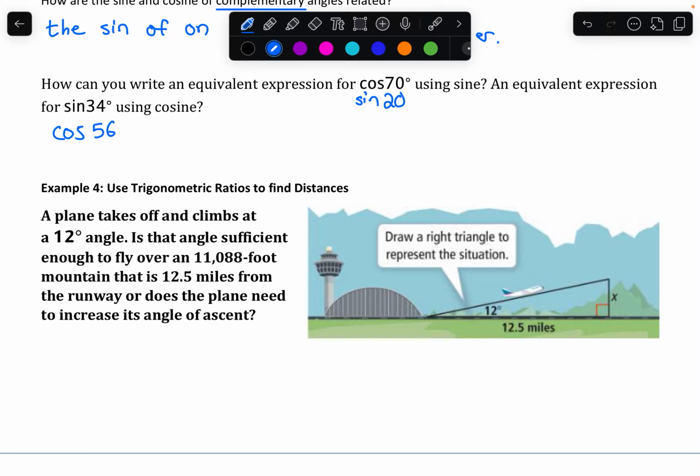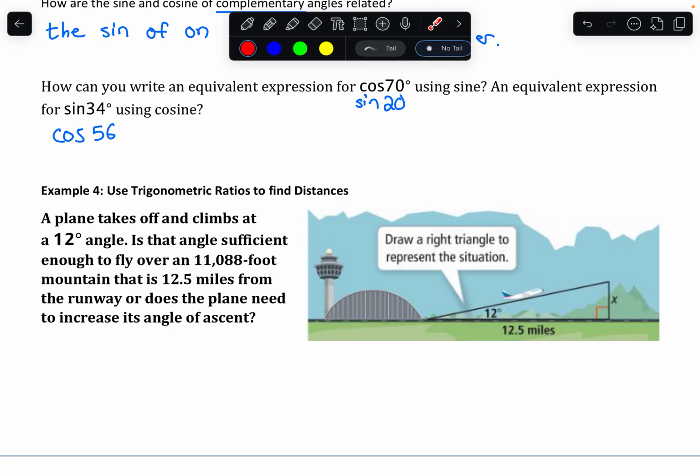Instead of needing to know two sides to find the length of the third side with the Pythagorean theorem, I now only need to know one side of my right triangle to find any information about the other sides. And I can do that using trigonometry, since trigonometry represents the relationships between my sides for any given angle measure.